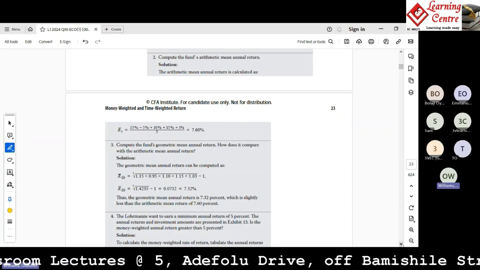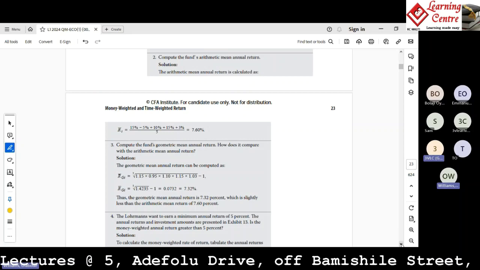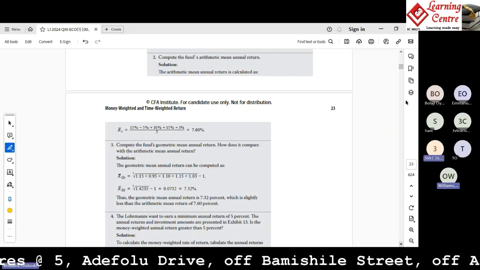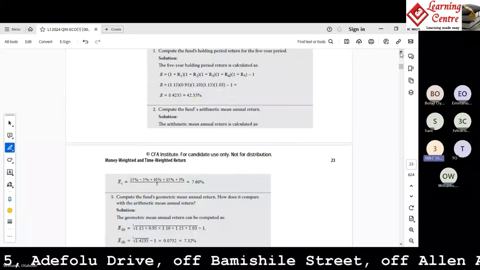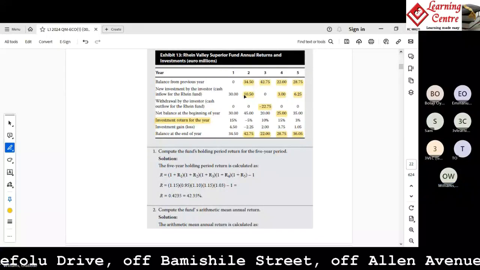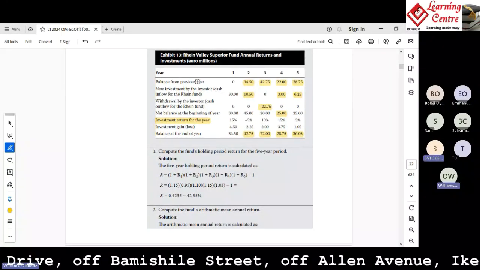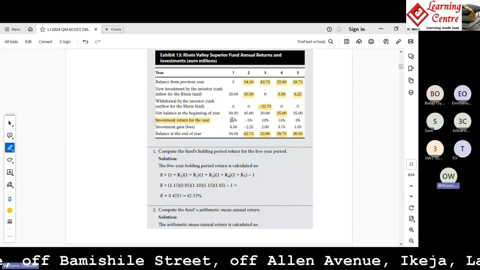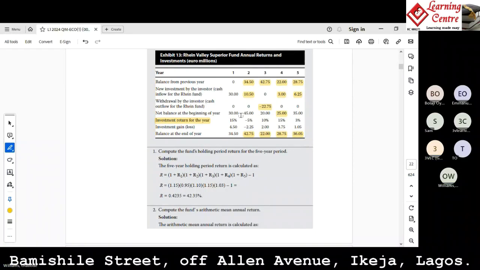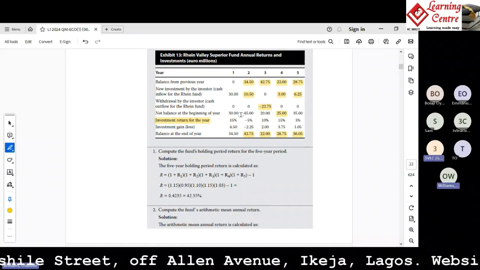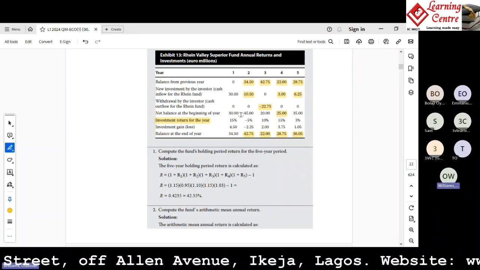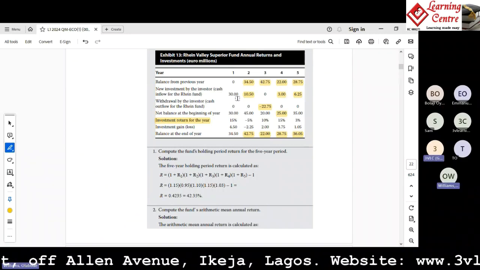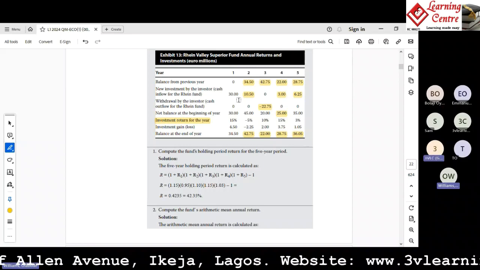So it's asking us now, what is the money-weighted annual return? So you can see from Exhibit 13 that it has been broken down. How can you use this table to calculate money-weighted return?